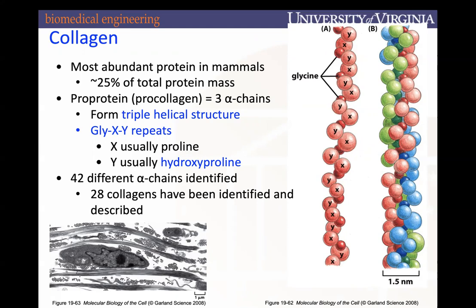We talked before how it has 3 alpha chains. It has this triple helical structure. To make sure that we're not confusing concepts here, we talked about secondary structure, like the alpha helix. This is collagen. We're talking about collagen protein here. It has 3 alpha chains together that form a triple helical structure.